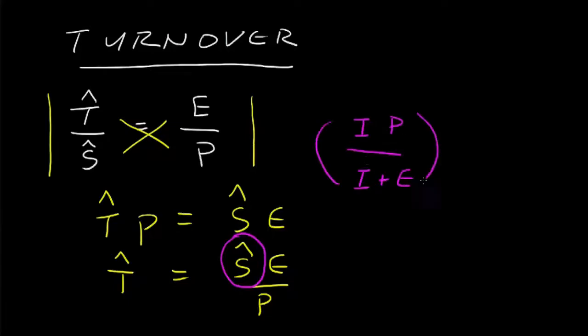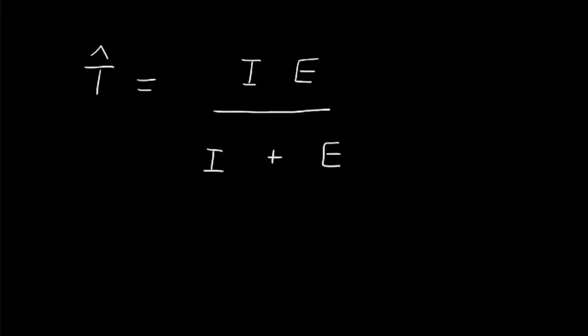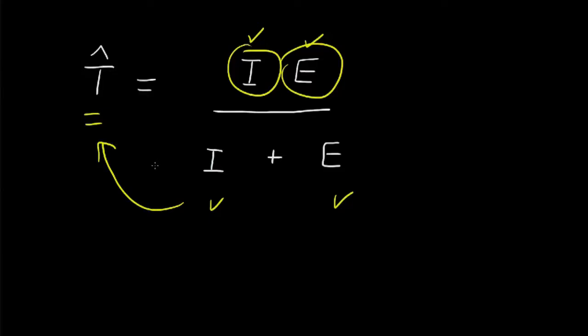So we can take this expression now and we can substitute it into the equation and then simplify using algebra, and I'll let you do that on your own, but basically what it gives us now is the following. T hat is I times E divided by I plus E. So if we know something about I and we know something about E, we can mathematically calculate our turnover rate.